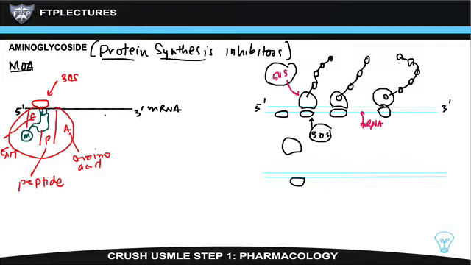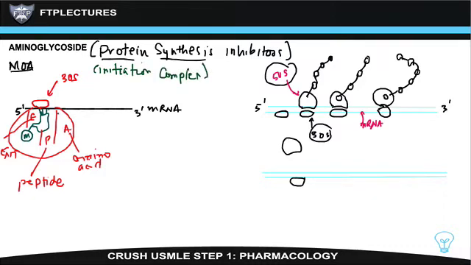You come in. So what happens is this transfer RNA comes in and brings the amino acid methionine to the site to form an initiation complex. And that's very important. You must remember that. Initiation complex.